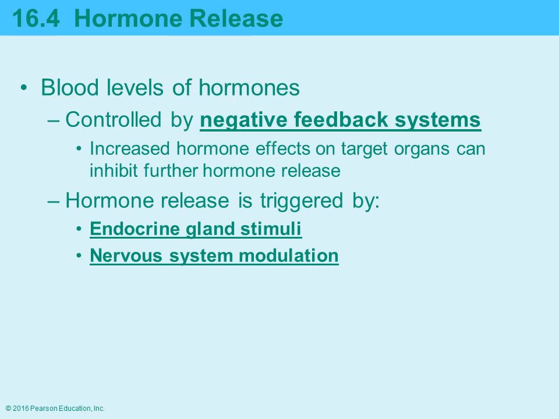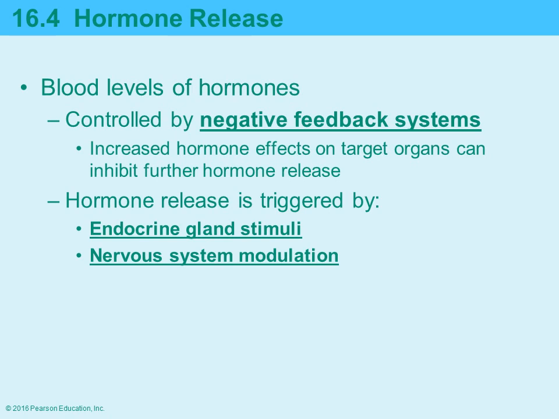The level of hormones in the blood is going to be controlled by negative feedback systems. Remember, this is where you're going to get the opposite effect. So if the hormone level in the blood starts to increase really high, the way the negative feedback system is going to work is that increased concentration actually is going to turn around and trigger the gland to stop secreting this hormone.